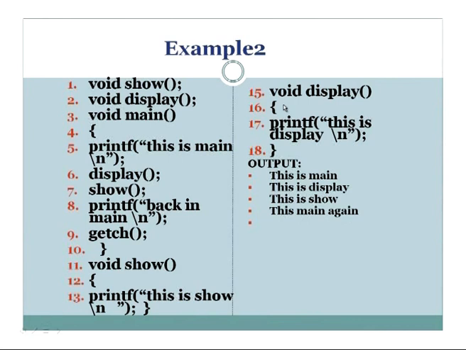The body of the display function starts from line number 16, it ends at line number 18, and its body also contains a single statement that displays the message on the computer screen. This is display.